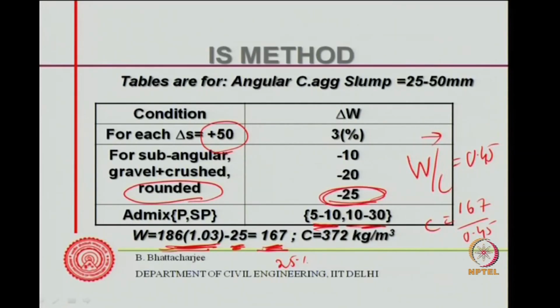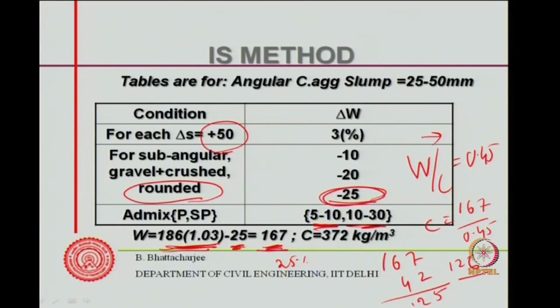So 0.75 of this will be 167 minus 41, so about 125 or 126 liter per meter cube of water I can use.